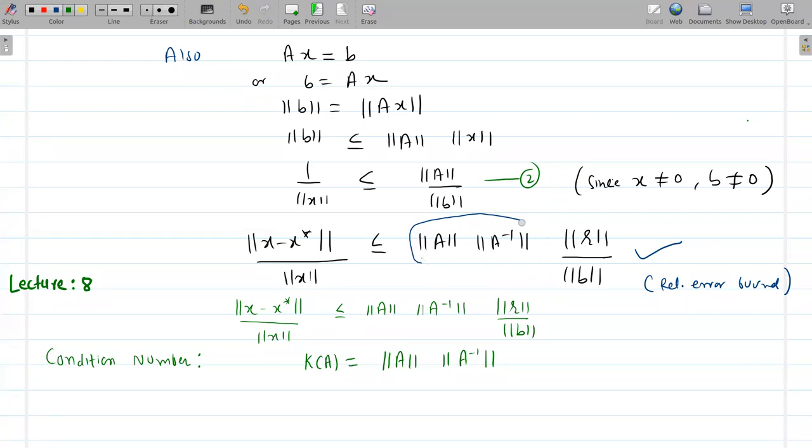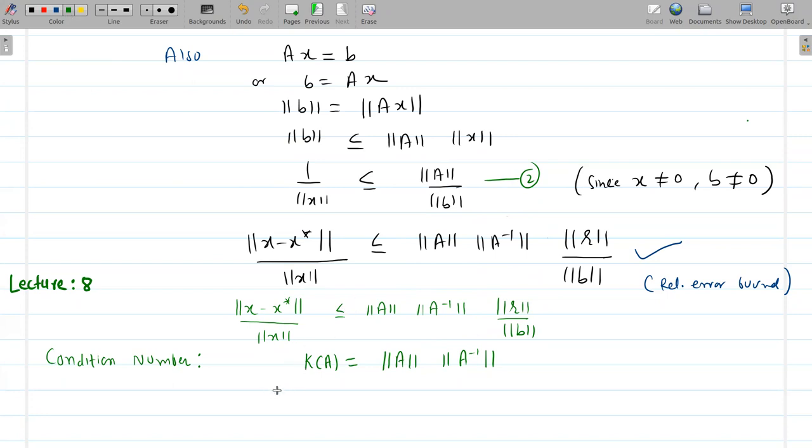If this number is large, then the relative error will be large, and if this number is small, the maximum relative error will be small. So this is called the condition number.